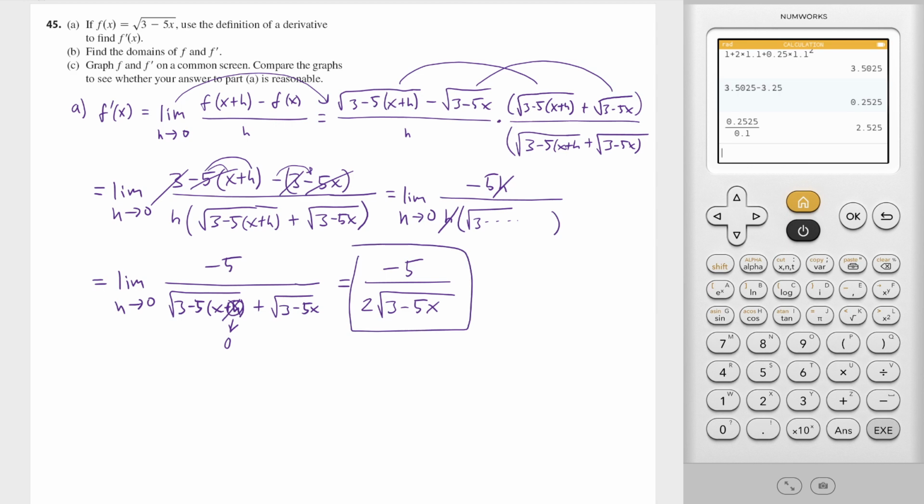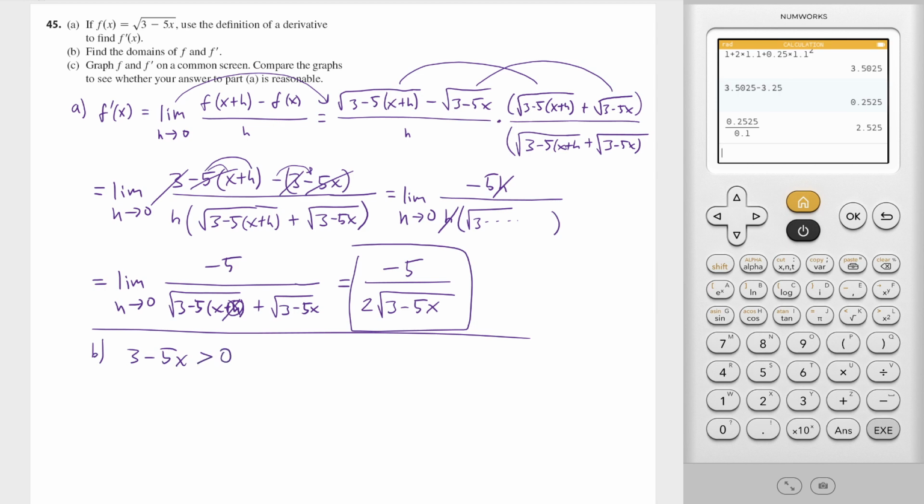Find the domains of f and f prime. Okay, so the domain of the square root is anything that's positive. So let me erase this here, and I'm going to write this right down here. Okay, so this is part B. So the domain is wherever 3 minus 5x is greater than 0.